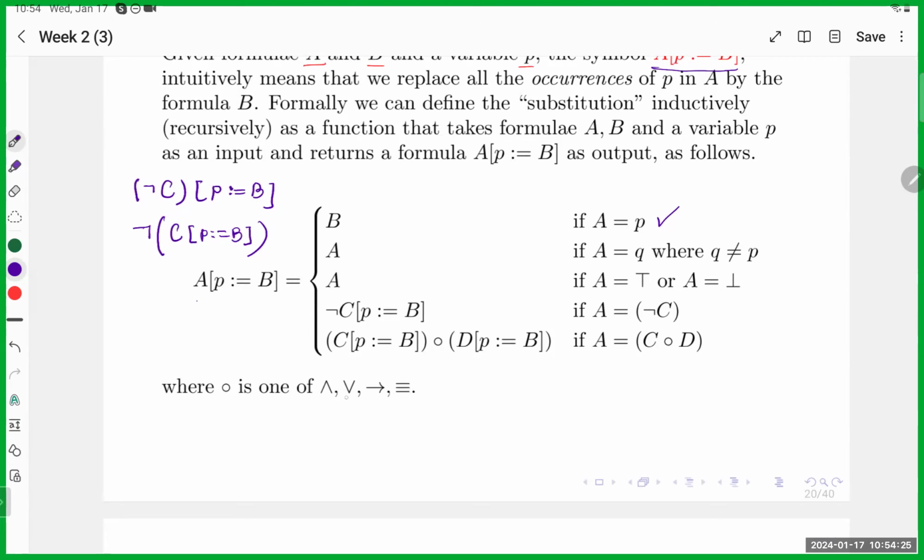Let's say we want to define the substitution where A is the formula C circle D. You define the substitution of P with B inside this formula, by definition, to be: do the substitution in C, use the same connective, and do the substitution in D.